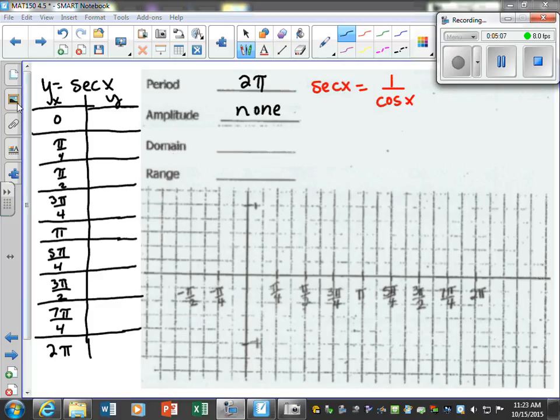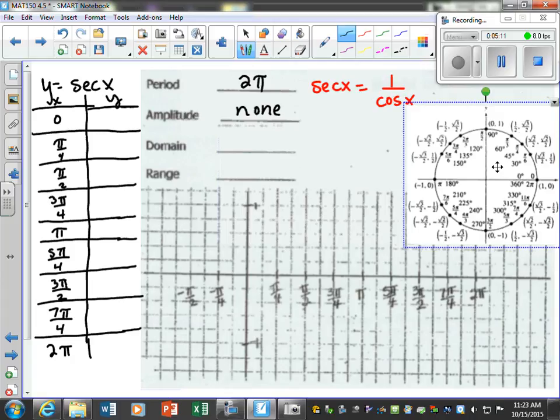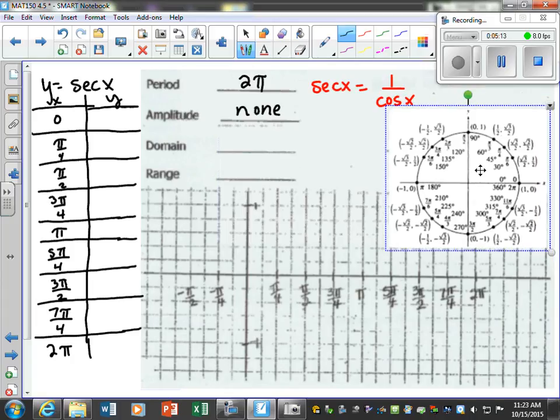So if we have our unit circle, then we can calculate these values. So let's go when x is 0. When x is 0, what is 1 over the cosine of x? It's just going to give us 1 over 1, which simplifies to 1.